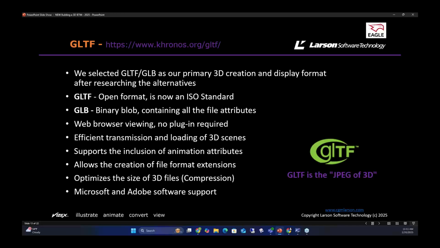There's no plugin required in a web browser environment for the viewing of the 3D. It supports animation, which is important for us, obviously. It also optimizes the file size, and it has really good support by major software vendors such as Microsoft and Adobe. So pretty much everything we were looking for in a file format we found in GLTF. And it's managed, you can see the website at the top if you want to visit and learn a bit about the format there.